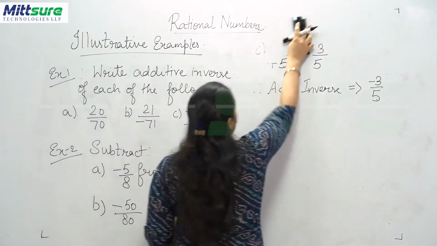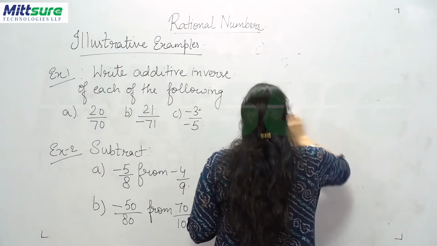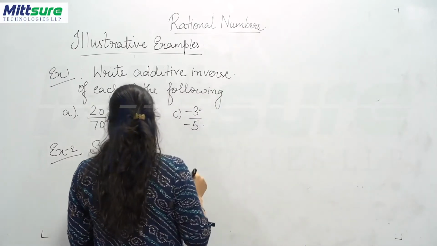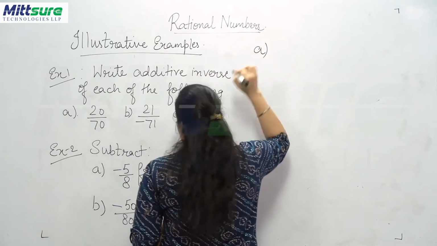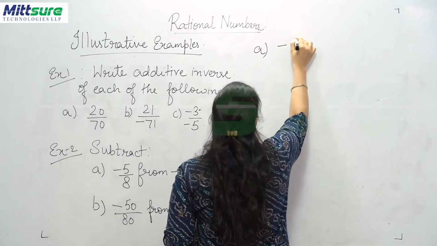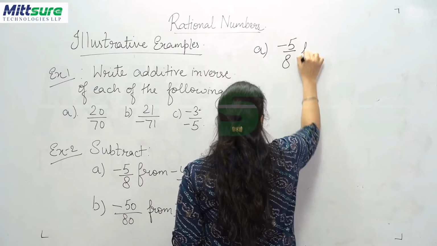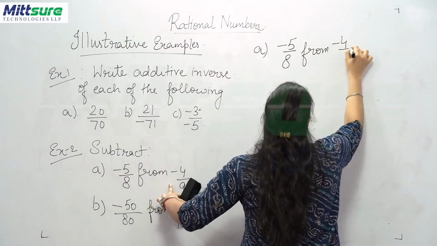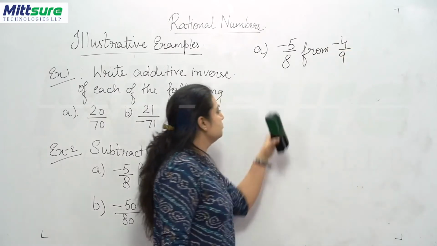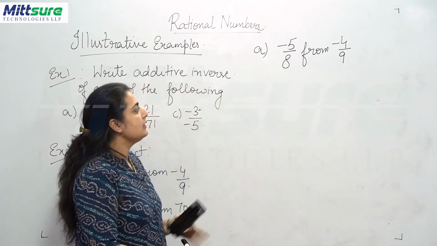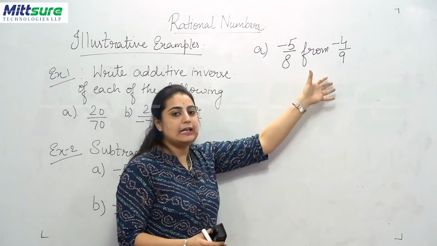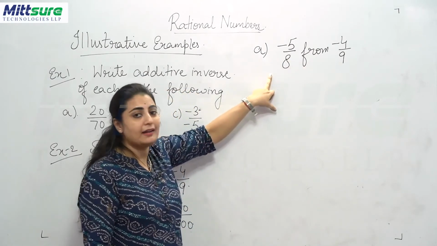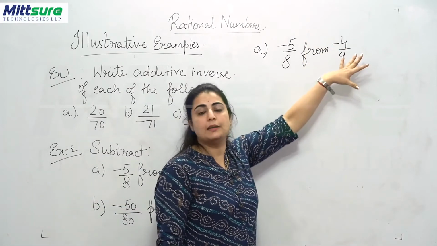Now let's do the subtraction of the given rational numbers, right? So the first question which I am taking is: subtract minus 5 upon 8 from minus 4 upon 9. Many a time I have seen that students make a mistake in arranging these where the question says you have to subtract some number from some other number.